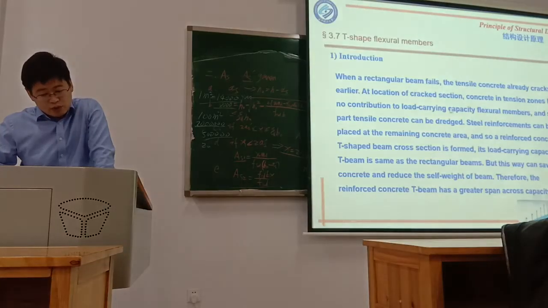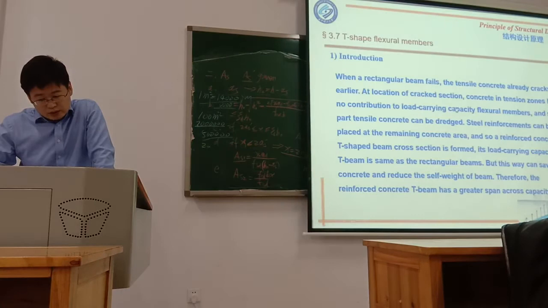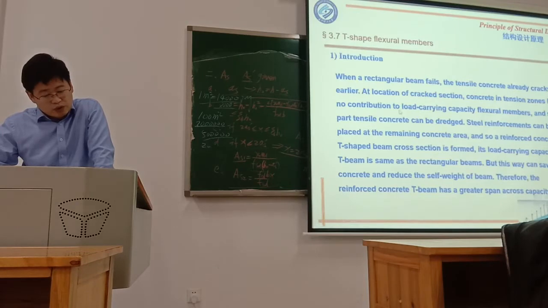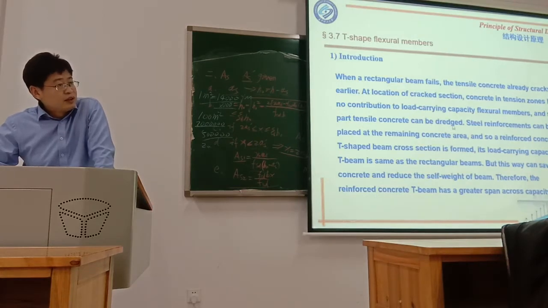Reinforcement and the concrete no longer resist the tensile force. So the concrete in tension has no contribution to load carrying capacity. So this part, the tensile concrete, can be drained and taken away.